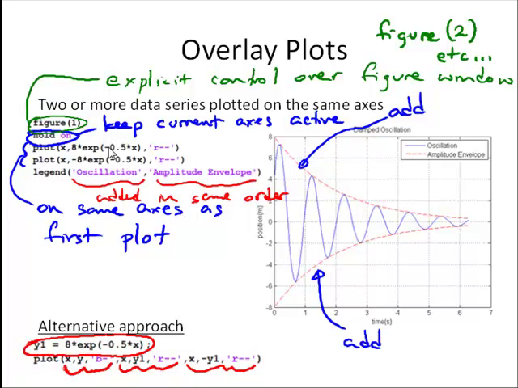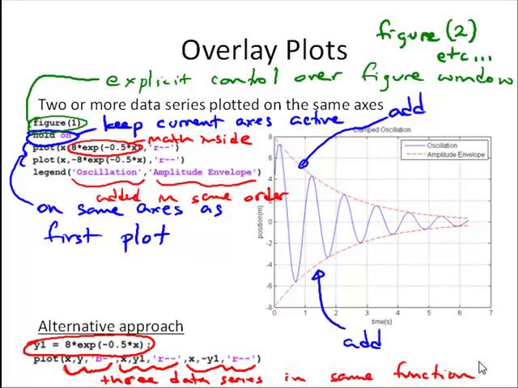It's okay; up in the previous example, this is inside, so we can do math inside the plot function, or we can just define the vector outside the plot function. Either way is fine, but in this case we're plotting 3 data series in the same function. And this will work exactly the same as using the hold command.